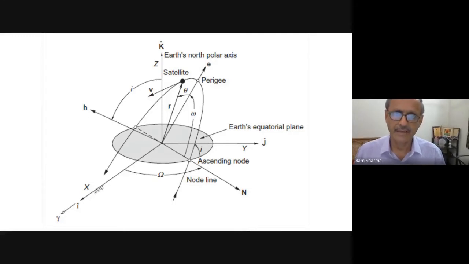And if i is the angle between the orbital plane and the XY plane, it is the same angle between the K axis, the Z axis, and the angular momentum, because k is perpendicular to the XY plane and h is perpendicular to the orbital plane. So that becomes handy for us in calculating the inclination.